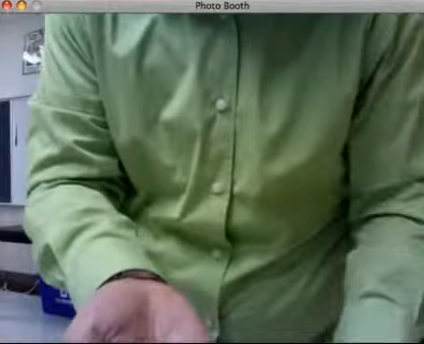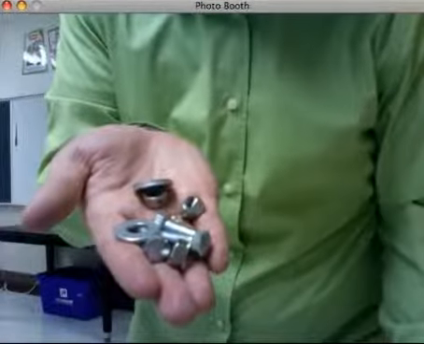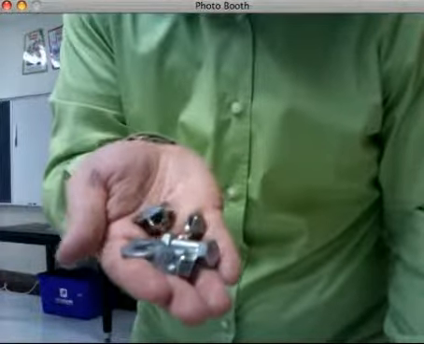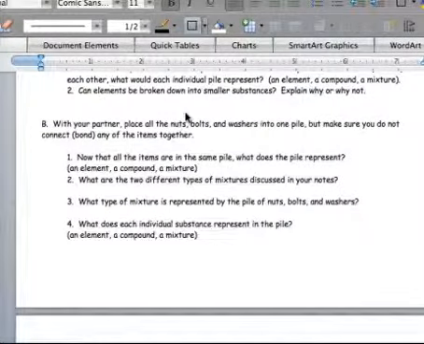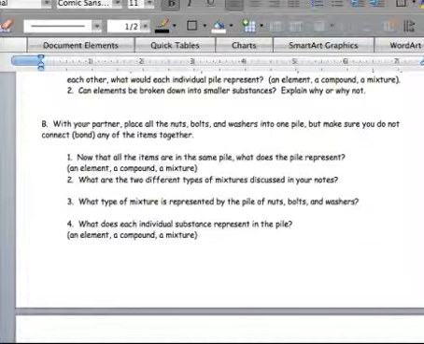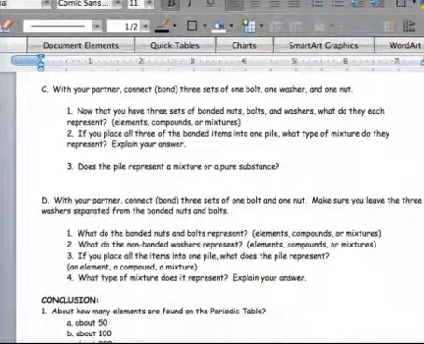So I have all the nuts, all the bolts, and all the washers in 1 pile. And so that should be what you're looking at when you're looking at Part B on the lab. Again, there's a few questions that go along with Part B, and then answer those.